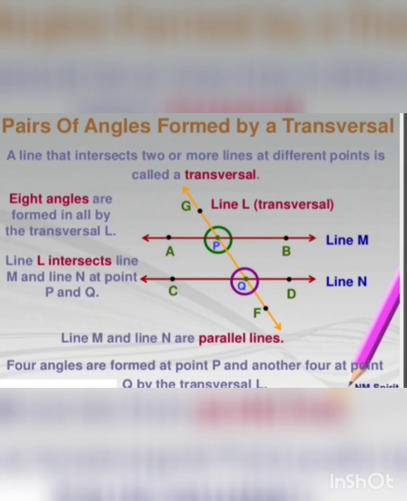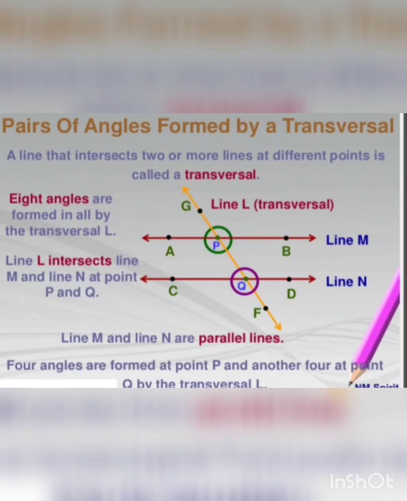Pair of angles formed by a transversal. First of all children, what is a transversal? A line that intersects two or more lines at different points is called a transversal. Children, if you see in the figure here, line M and line N are there. And line L is cutting, that is intersecting, the two lines M and N. Then we can call line L a transversal.